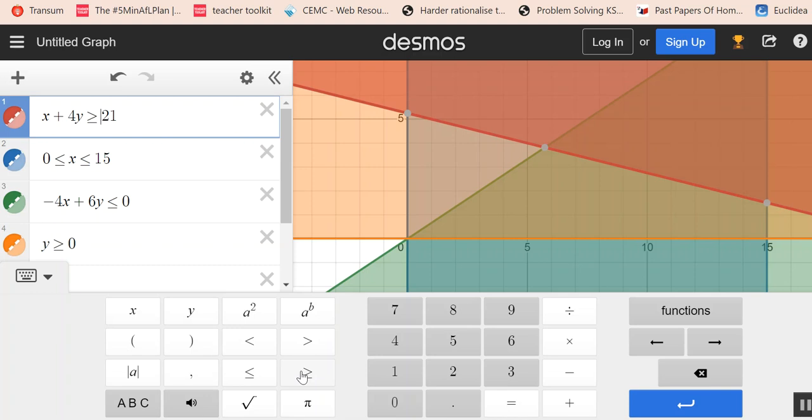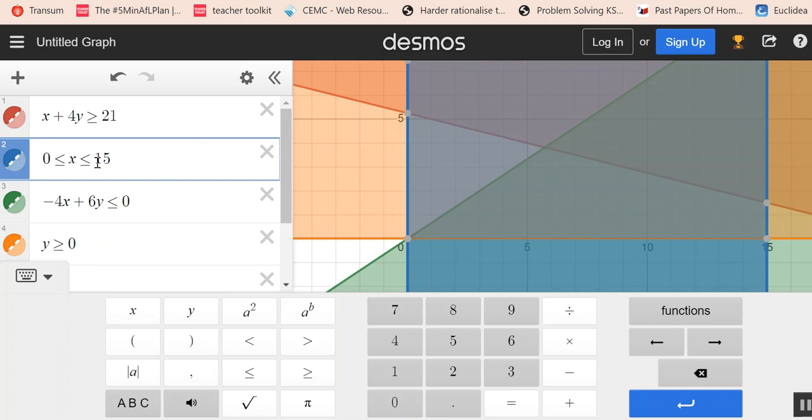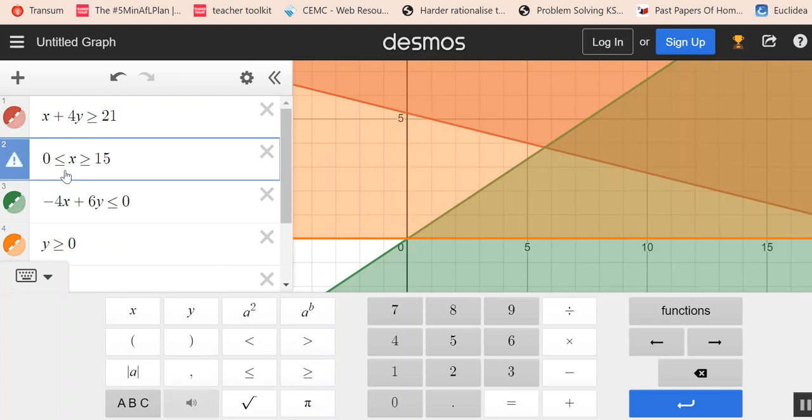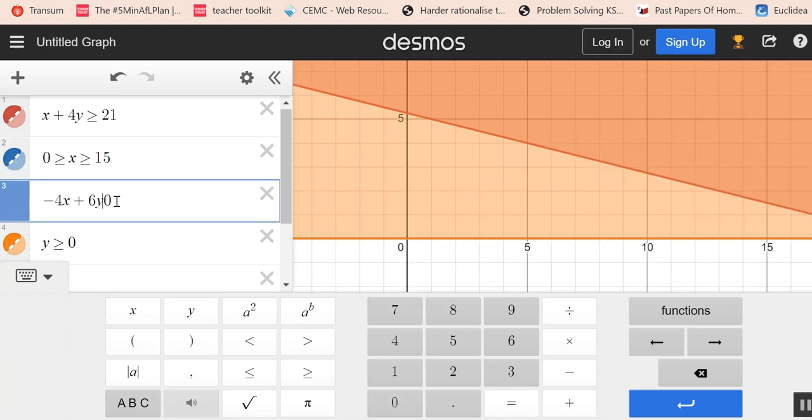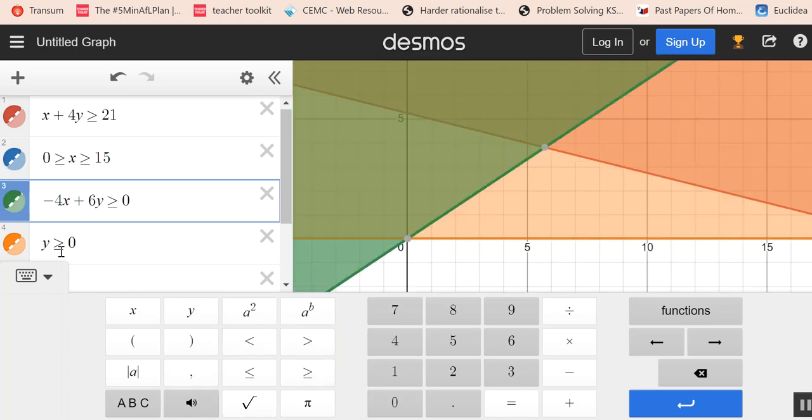Now, the region is basically this one here, this section. If I swap them around, this one's to the left, so I'm going to do to the right. This one is to the left, so I'm going to do to the right. I would type them all in first correctly and then swap them round.